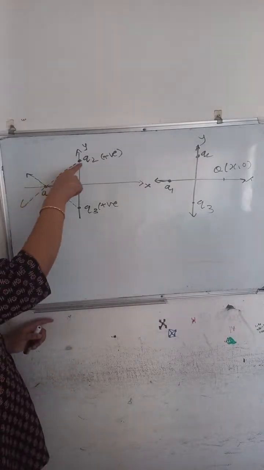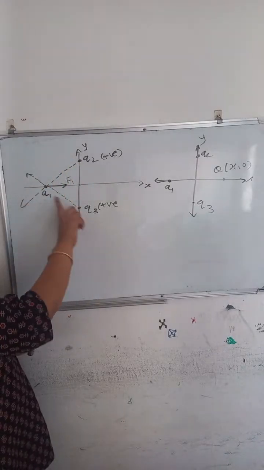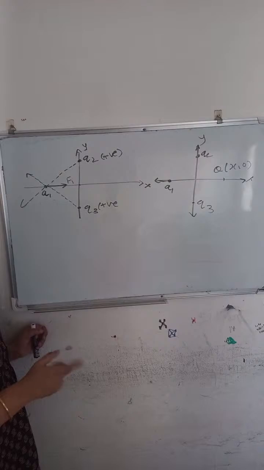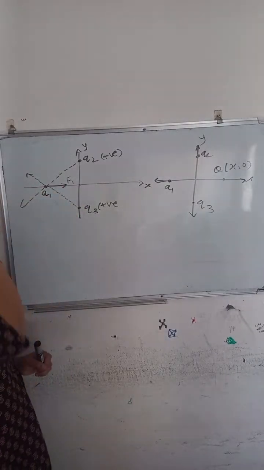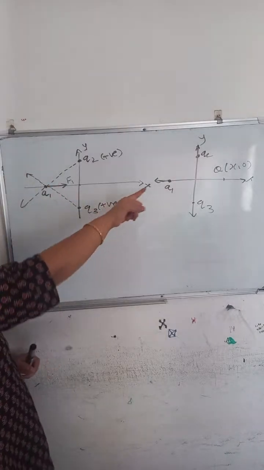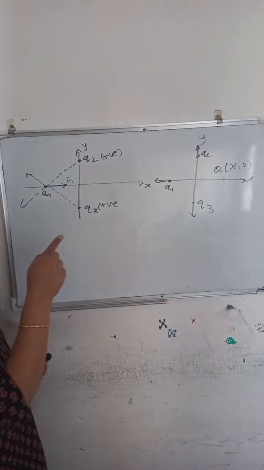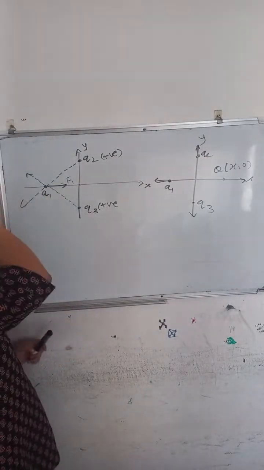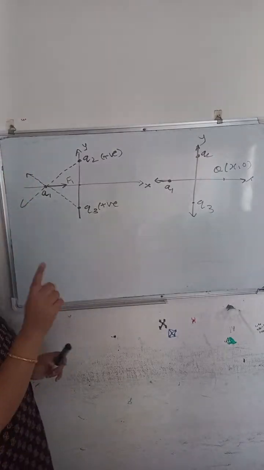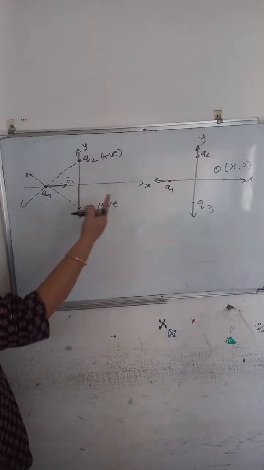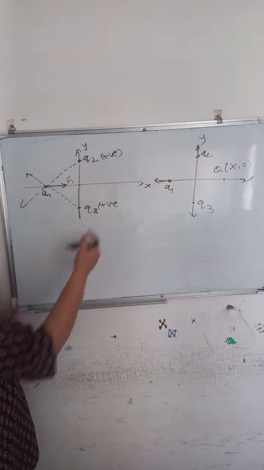So q2 is acting on q1 and q3 is also acting on q1. Both charges are acting on q1, but q1 is going towards the positive, and there is another positive charge Q placed at (x, 0), and still the force on q1 is going towards the positive x direction. That means this small q1 is attracted towards the capital Q.